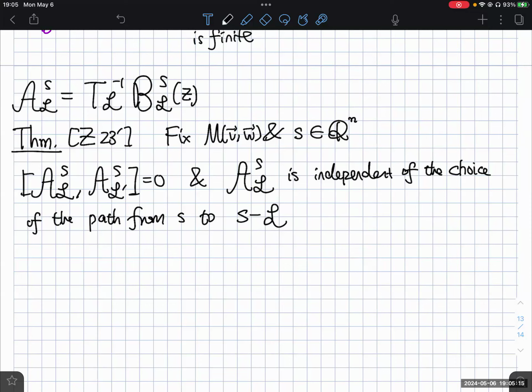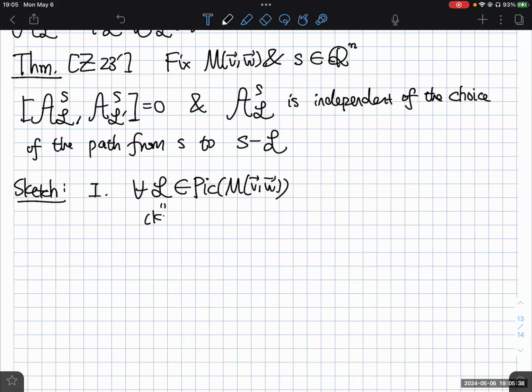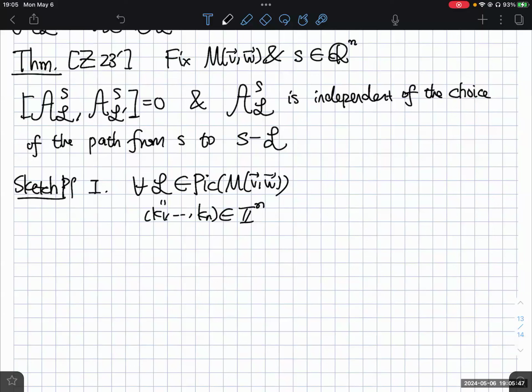And yeah, I still have some time, so I can give a sketch about this proof. The proof actually depends on two things. The first thing is that if we fix the element in the Picard group, we could take it as some kind of integers here. Sketch of the proof.